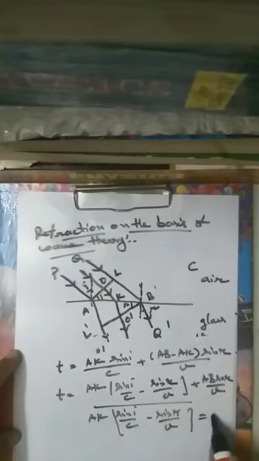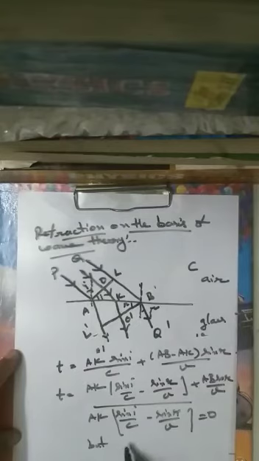The change in the position of the wavefront is independent of the point K, so we take this term equal to 0: AK (sin I upon c minus sin R upon v) equal to 0.